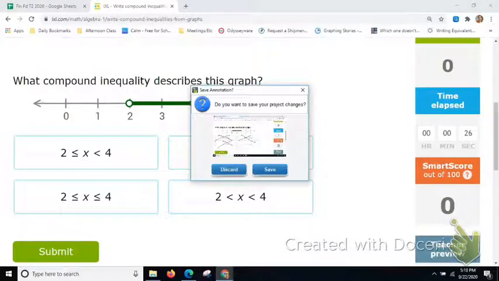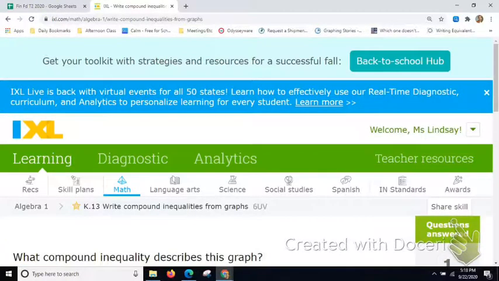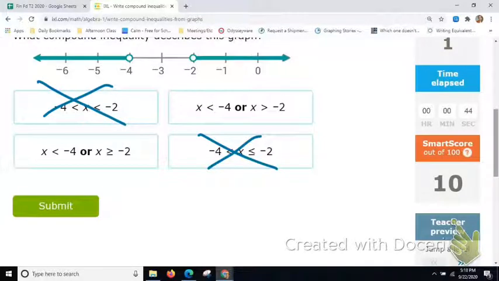So just looking at it, do I have the right symbols? These all have 2s and 4s, and X is in the middle all the time in every choice. So we should be able to easily rule out a couple of these. These two, no way. It has to be one of the ors.